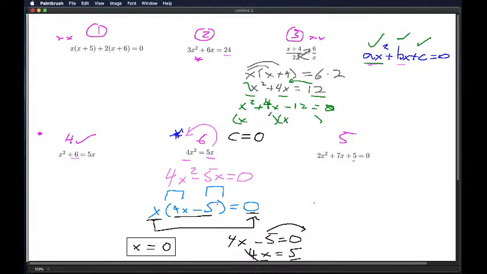So someone on the chat, two numbers that multiply to get negative 12 but add up to get positive 4.